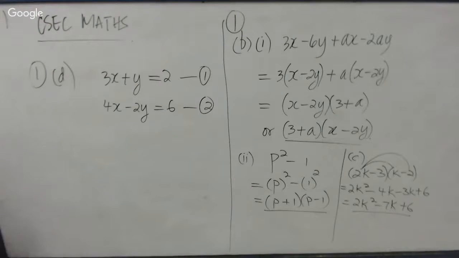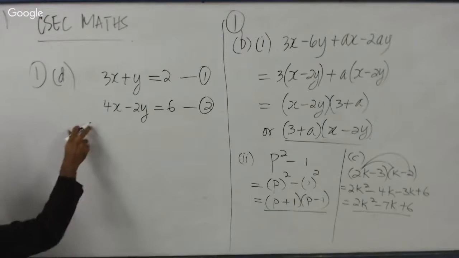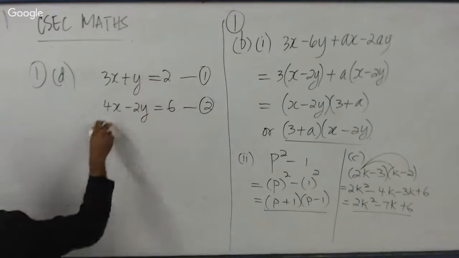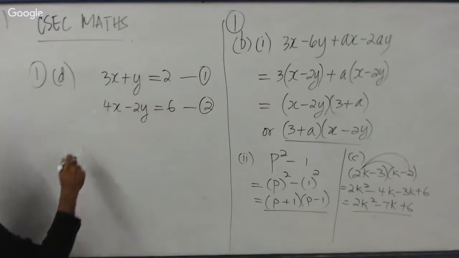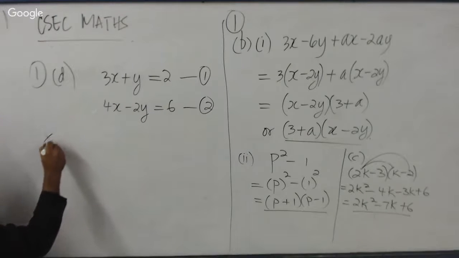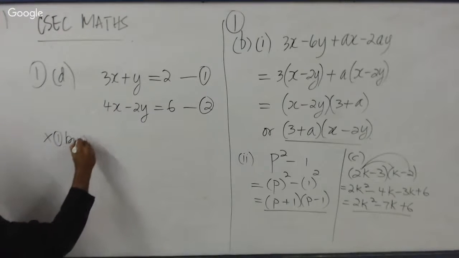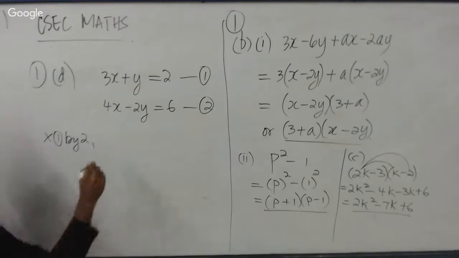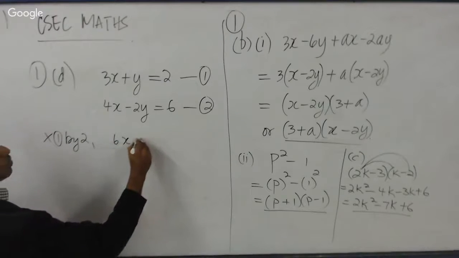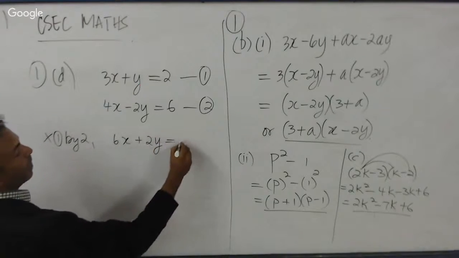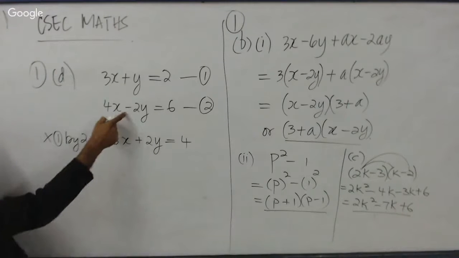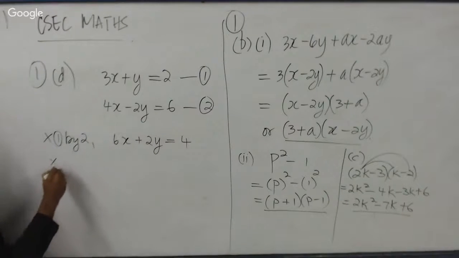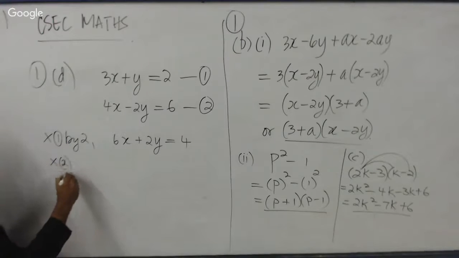Different methods, I use one. Remember, going through, you might use a different method. Cool. So one, I'm going to eliminate y. So I multiply the first one by 2: 6x plus 2y equal 4. This one, I rewrite it, or some people say multiply it by 1.